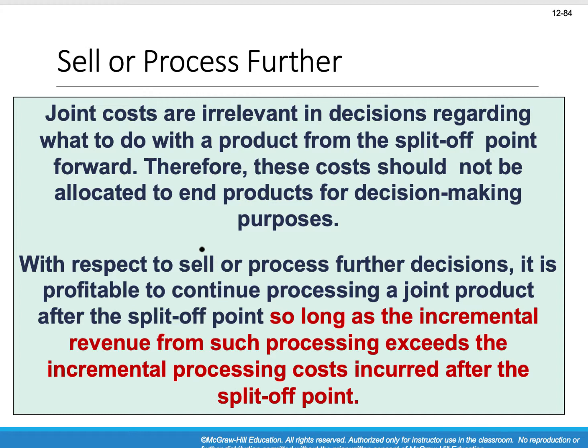All the joint costs included in the product up to the split off point are irrelevant. The only thing we have to worry about is any differential or incremental costs that are incurred after the split off point. So if we take the split off point, let me go back up here, maybe.